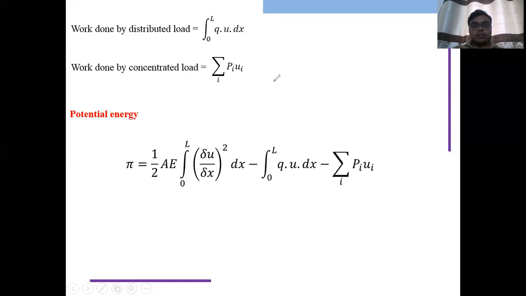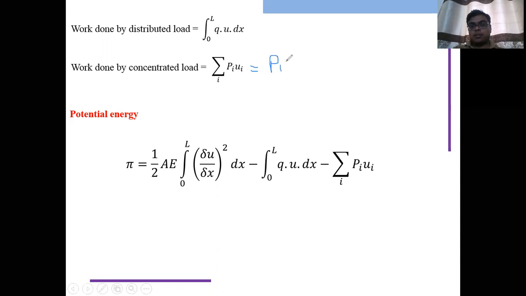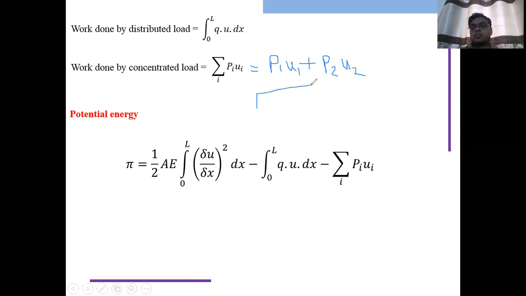In this problem, for example, we have two loads. So what will be the equation? P1 into U1 plus P2 into U2. What will be U1 and U2?